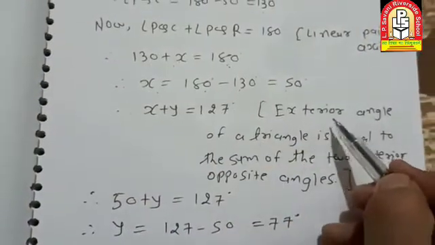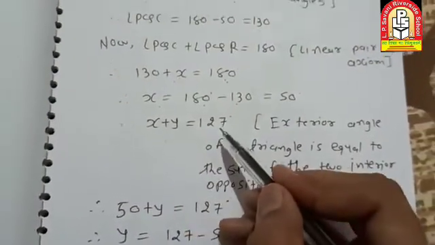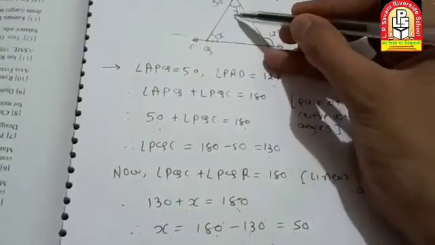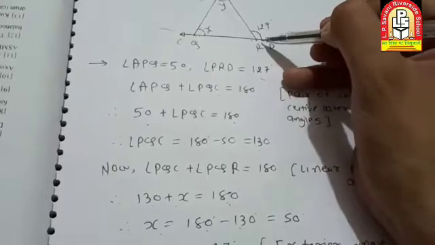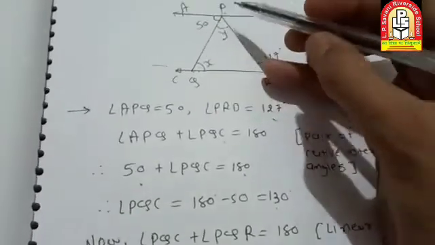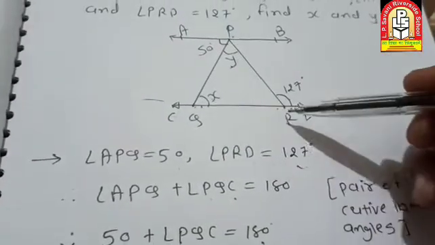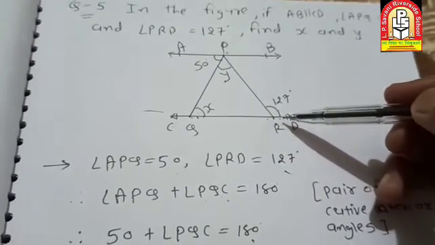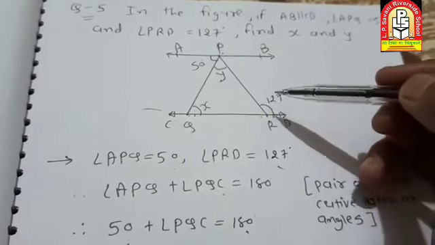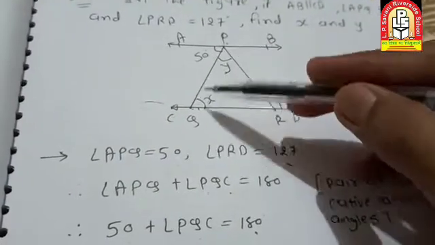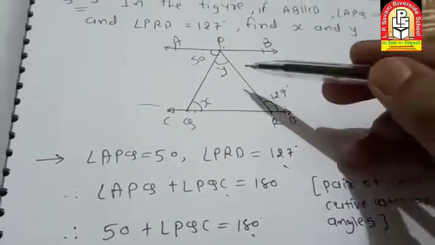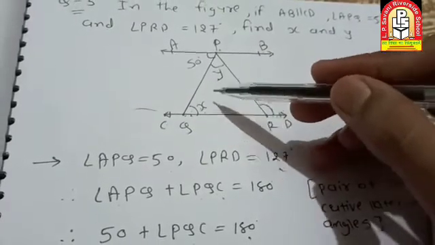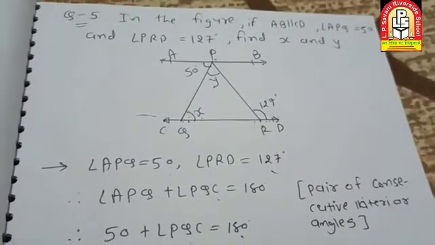After that, exterior angle: x plus y is equal to 127. Here x plus y is equal to 127, because in triangle PQR you can see that 127 is an exterior angle. By using the property of triangle PQR, the exterior angle 127 is equal to the interior angles x plus y.